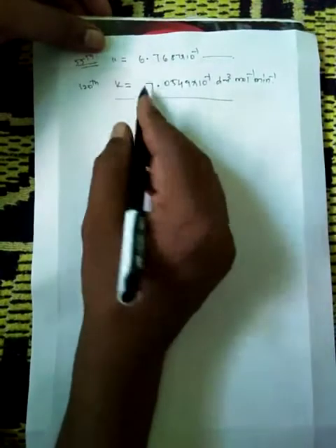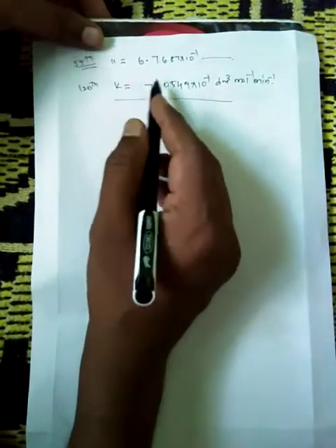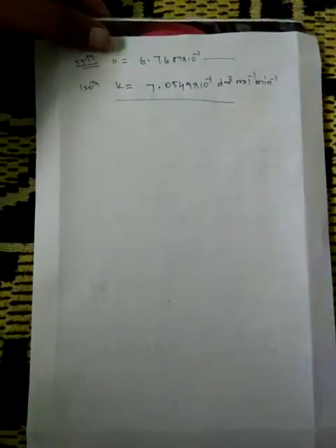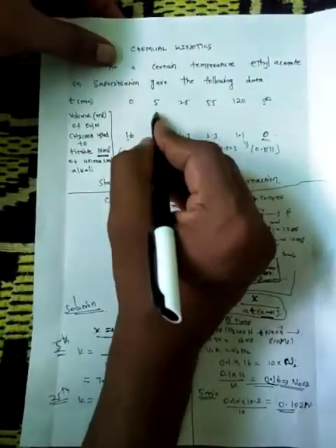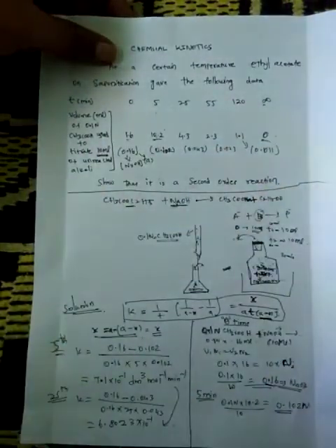That is, they are almost the same value, you almost get a constant value. Therefore you learn that k is a constant value. Therefore I conclude that this data belongs to a second order reaction.